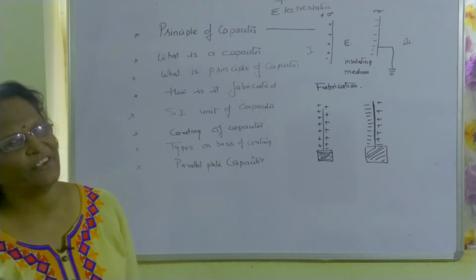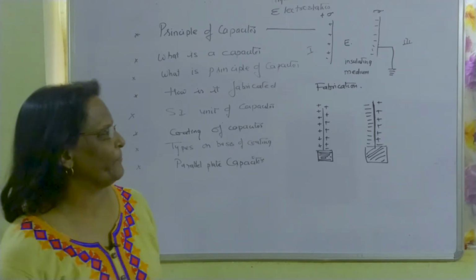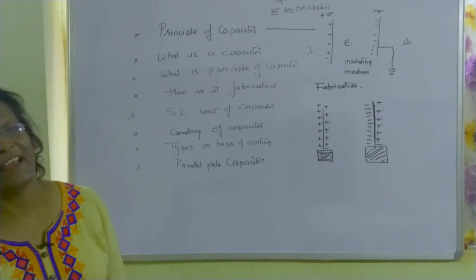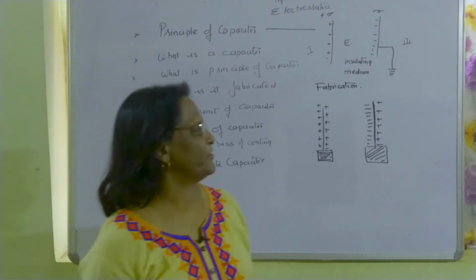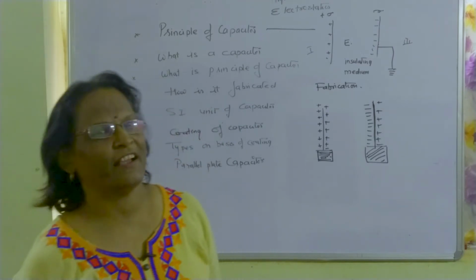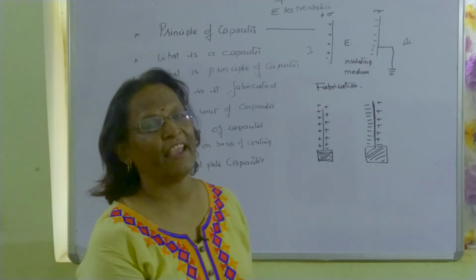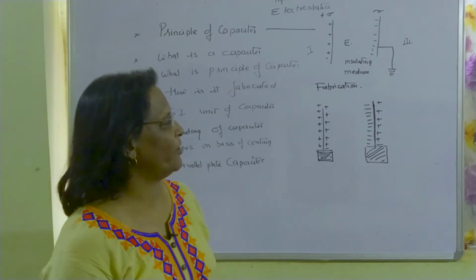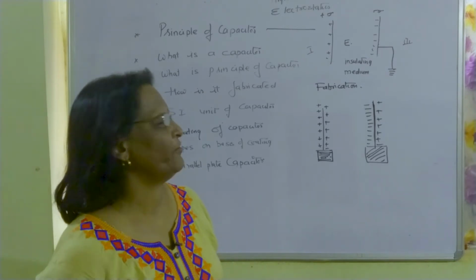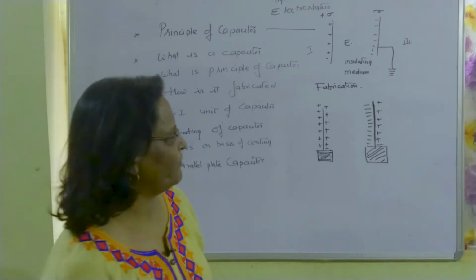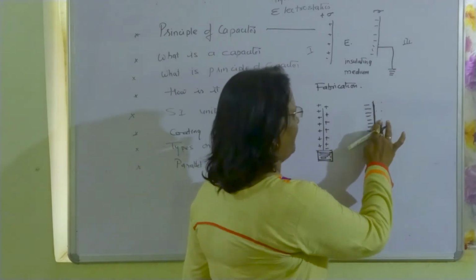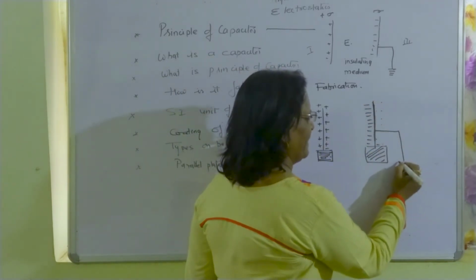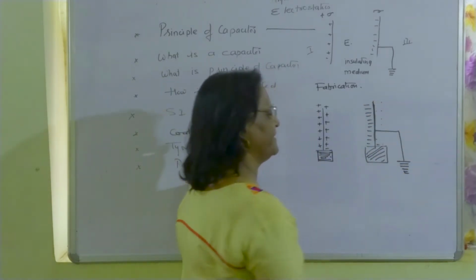As this potential difference increases, the positive charges which were earlier leaking out to the atmosphere will be bound and will not leak. Still we want to increase the capacity. What will we do? We connect the second plate to earth.